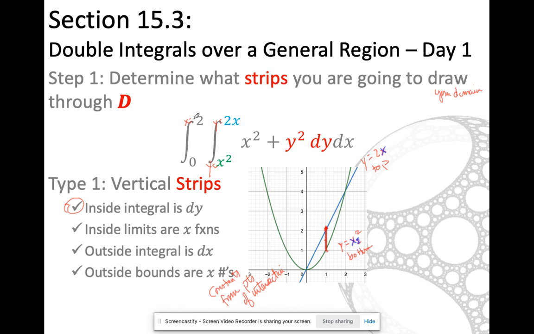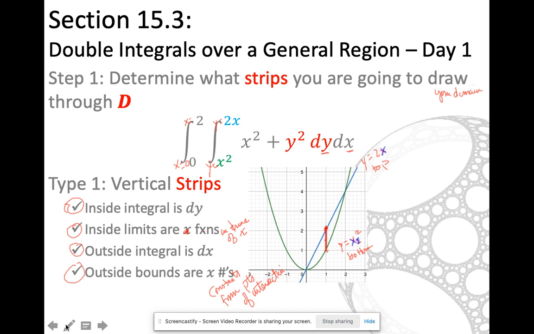And then these are the constants that come from the points of intersection. And they are x numbers. So x matches the outside variable, y matches the inside variable, right? So my inside limits are x functions. And I should say functions in terms of x might be more appropriate. The outside integral is dx, check. And the outside bounds are x numbers that came from my points of intersection.